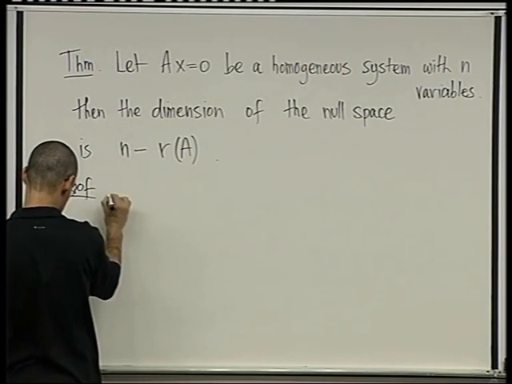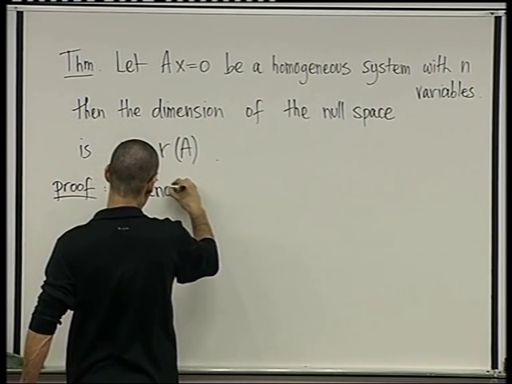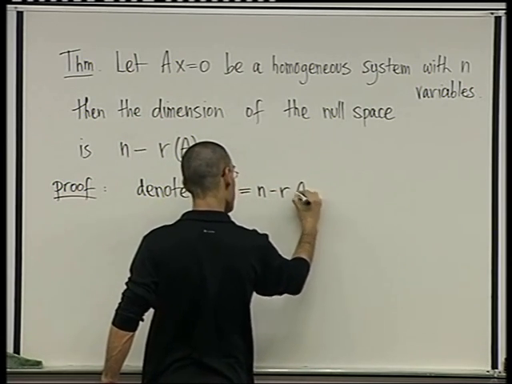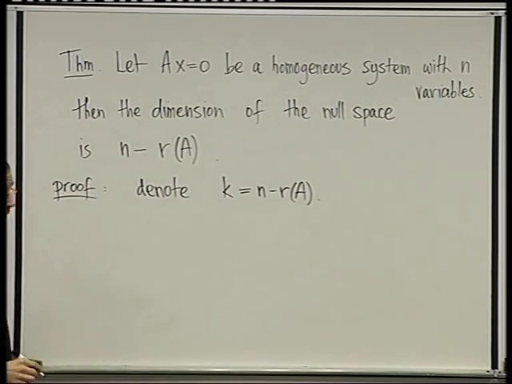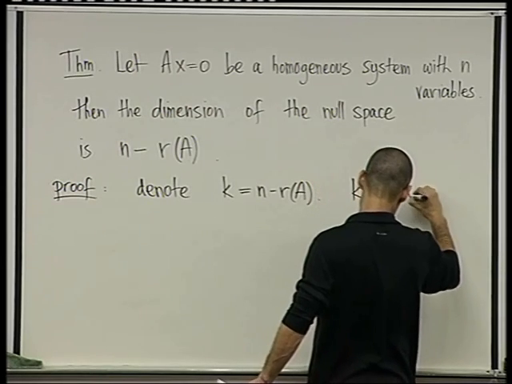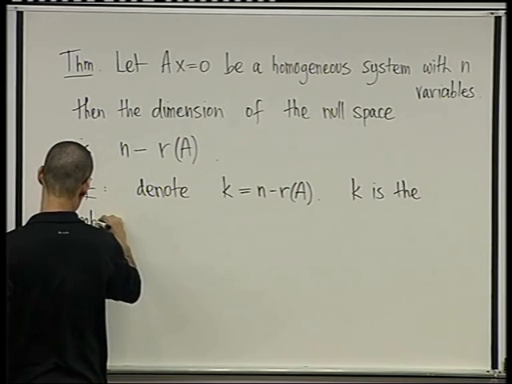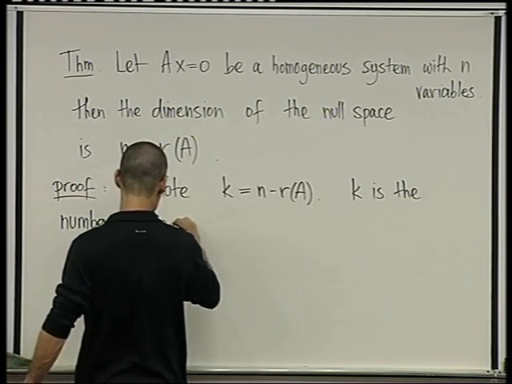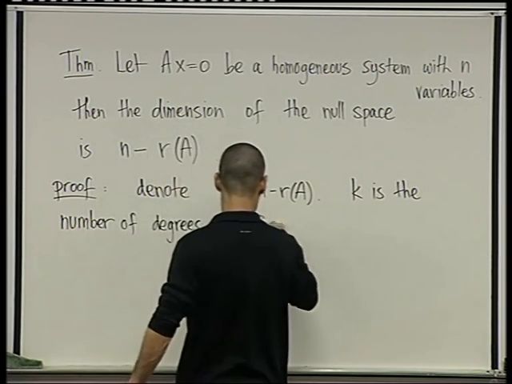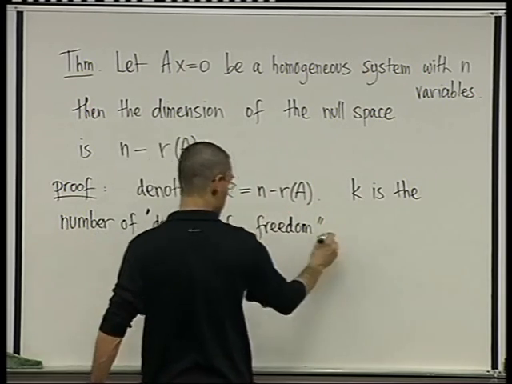Proof. So let's give this number a name, let's call it k. So k is going to be n minus the rank of A. k is the number of degrees of freedom.